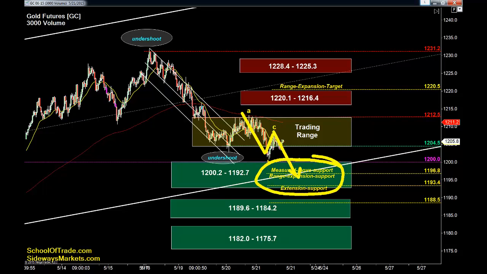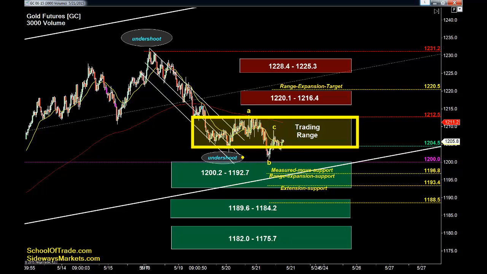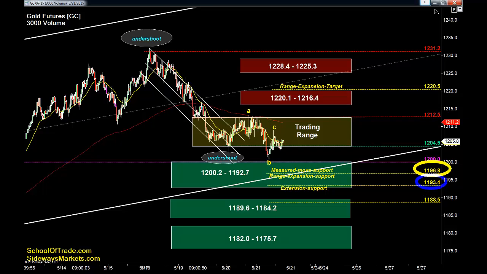Be careful trying to sell into that 96.8, 93.4 support area down here, because again, you've got that measured move, and you'll also notice it's also range expansion support, right? Take that trading range, copy and paste, copy and paste. All of a sudden now you start to see here 96.8, 93.4, and 88.5. Those are some definitely important targets for you bears out there tomorrow.